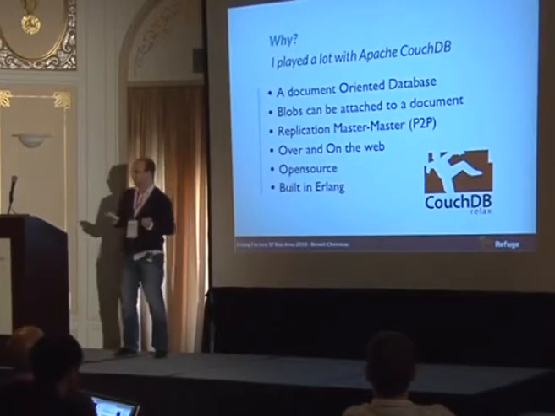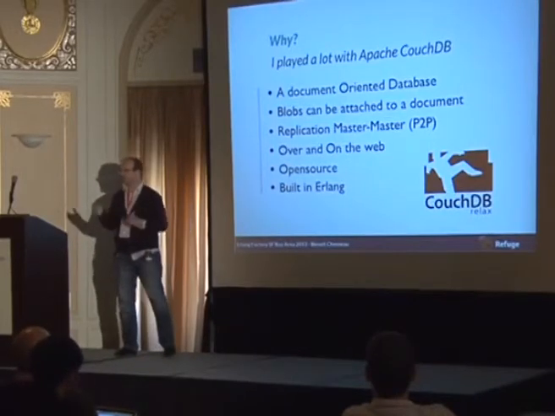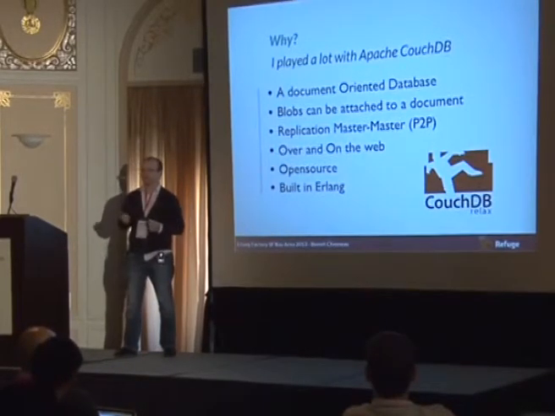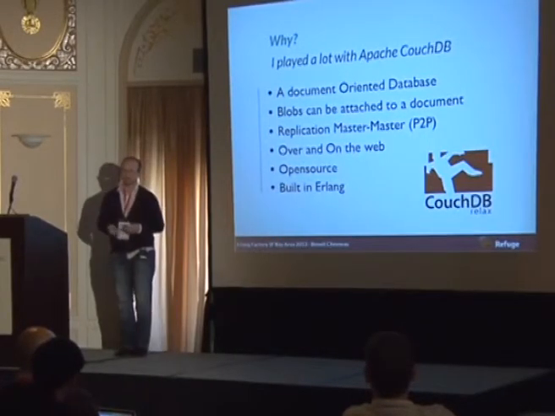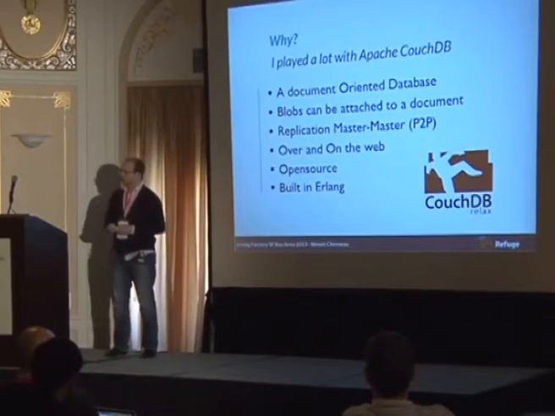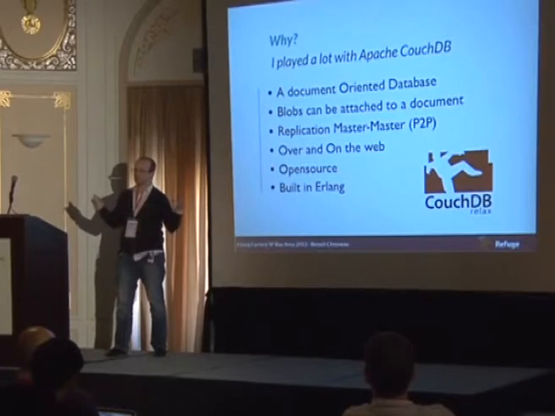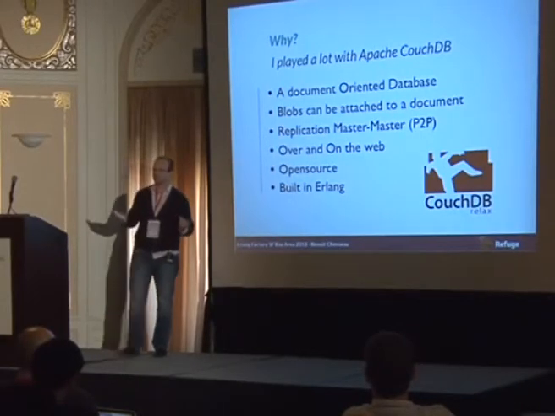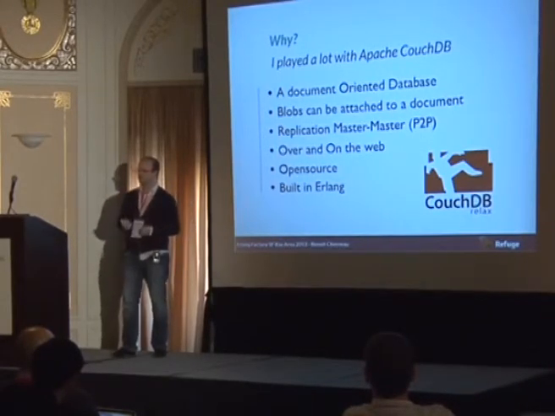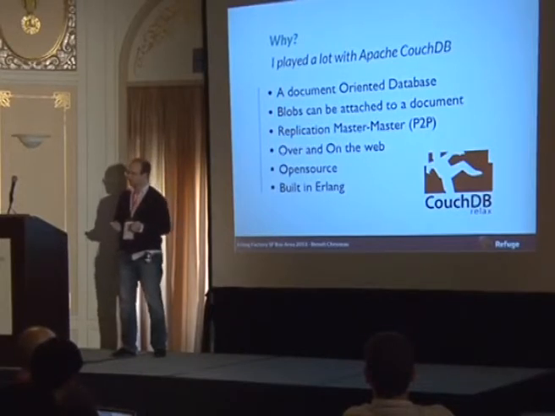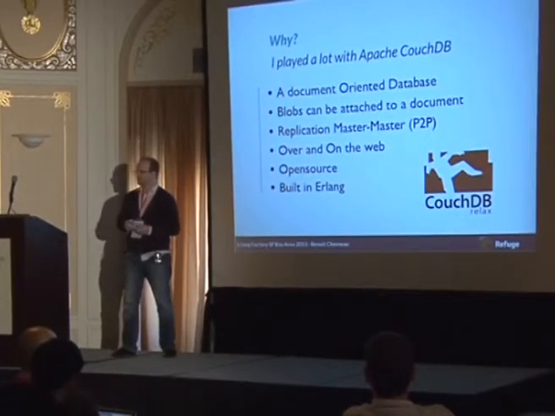So why Refuge? I played a lot with Apache CouchDB. I'm playing with Apache CouchDB since 2007, which is a long time now. And CouchDB is a document-oriented database, period. So you have cool things in Apache CouchDB. You have CouchApp that allows you to render your applications, your HTML5 applications.